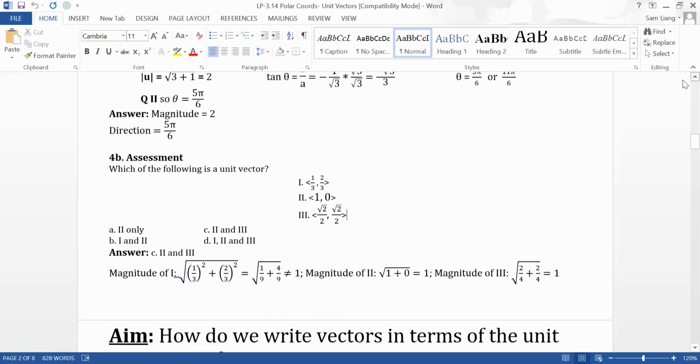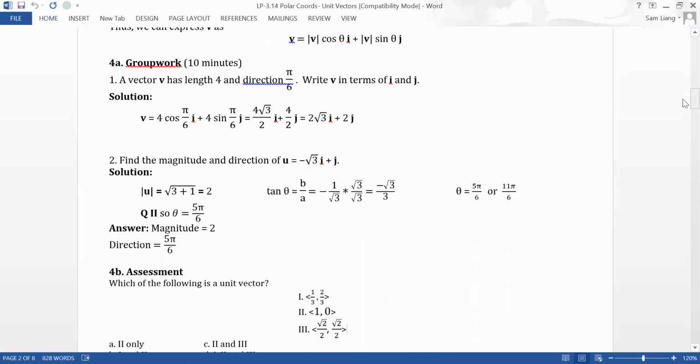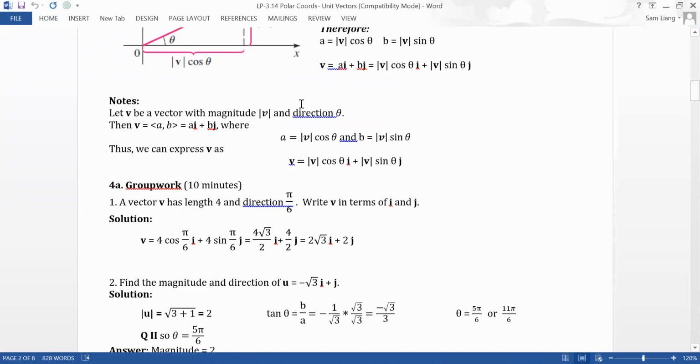So just 2 questions. Here the first one was: a vector v has length 4 and direction pi/6. Write v in terms of i and j. Just as a reminder, direction is just another fancy word for angle. If you remember from the notes, direction is angle, and we're going to use this notation.